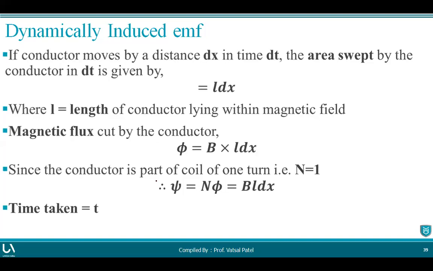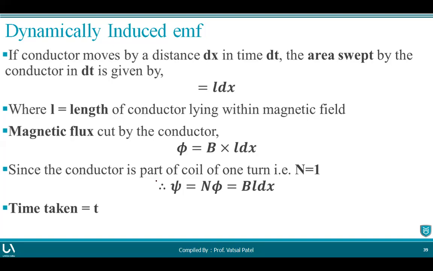What do you mean by L? L is the length of the conductor which is lying within the magnetic field, and dx is the distance the conductor has moved. So the area swept by the conductor in time dt is equal to L into dx.